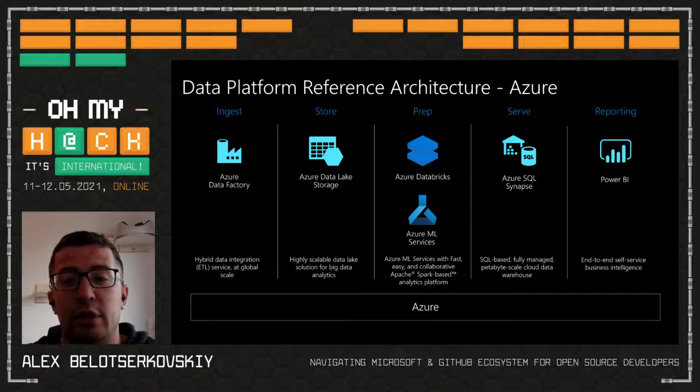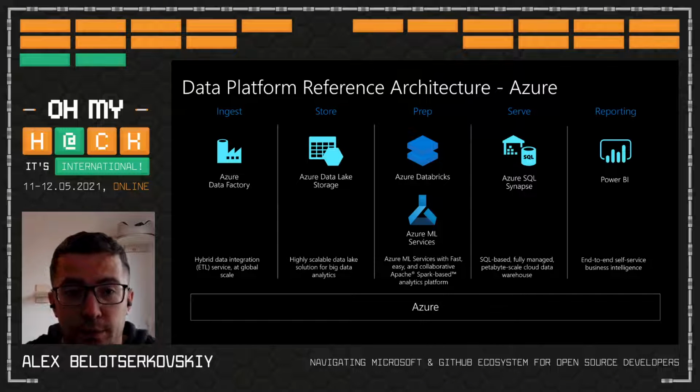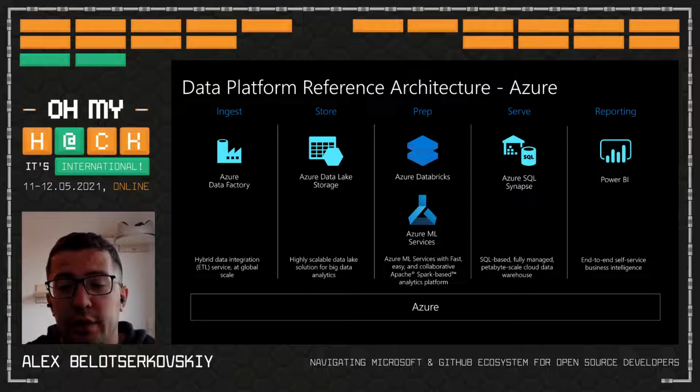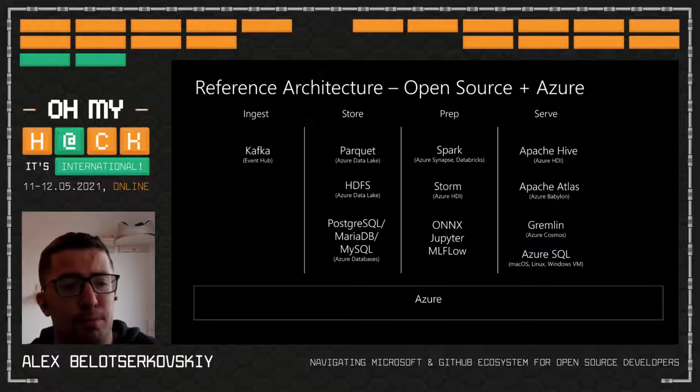All of this, of course, is covered by Microsoft tools. One important thing to mention is that all of these tools usually are somewhat based on open source, and it means that we are contributing back to the community. But it does not mean that what you need is not available on Azure.